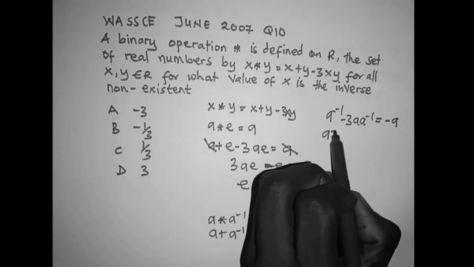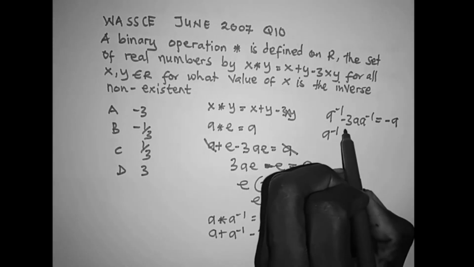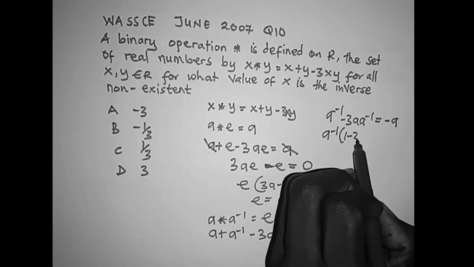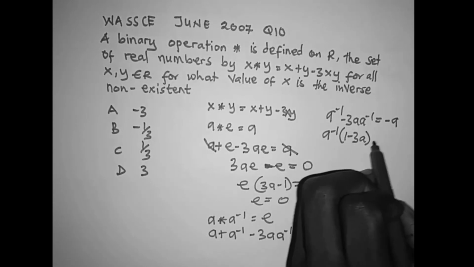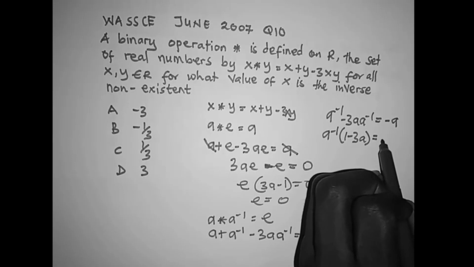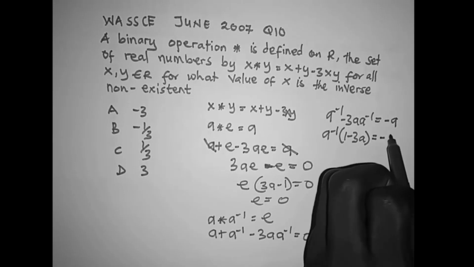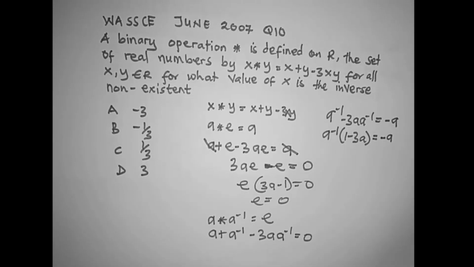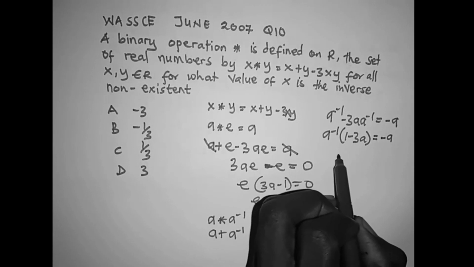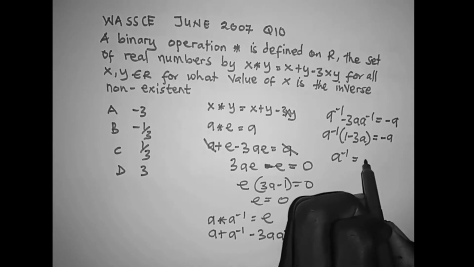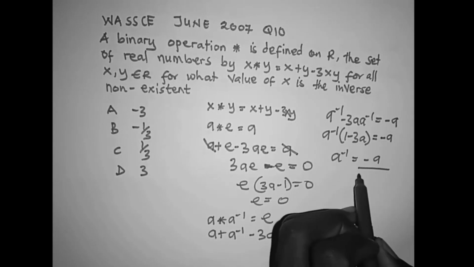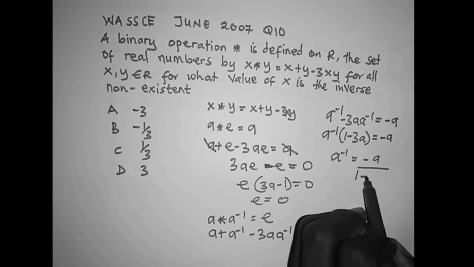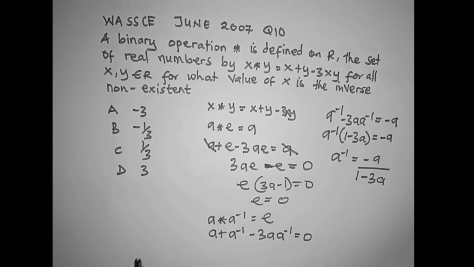So we can factorize A inverse out. We are left with 1 minus 3A, which is equal to minus A. So A inverse is equal to minus A over 1 minus 3A.